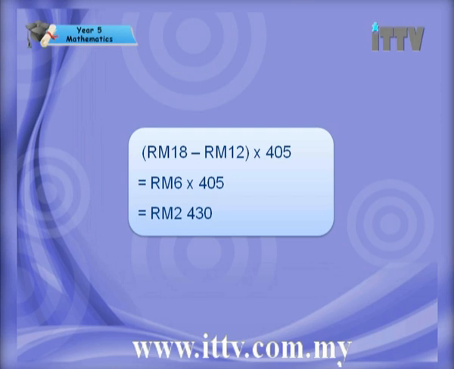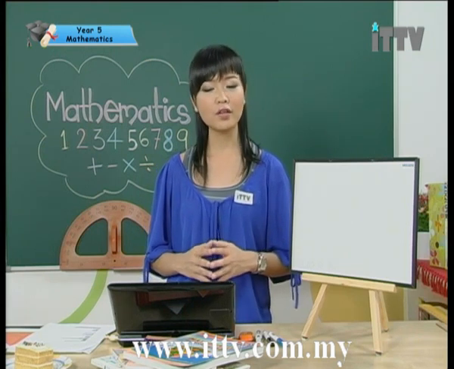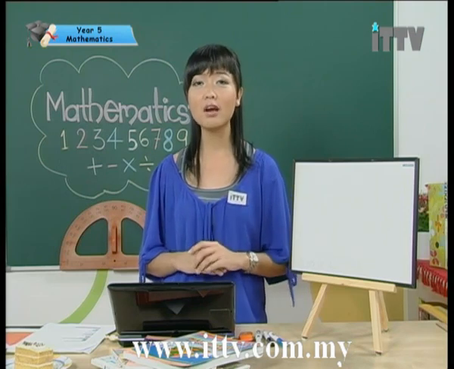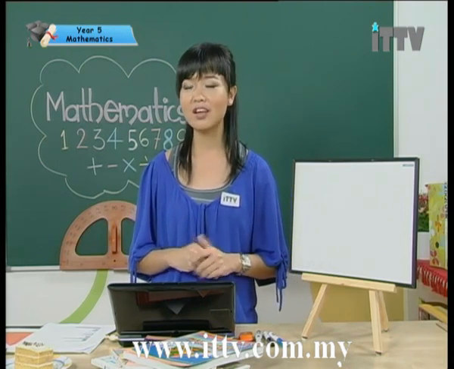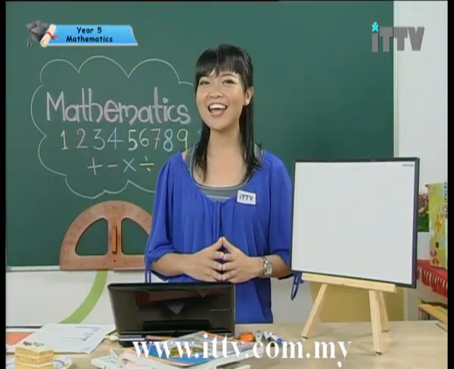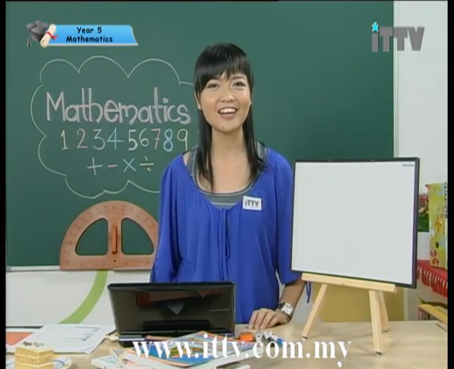So since he bought 405 kilograms, we have to multiply by 405. So that will give you 6 ringgit of profit for 1 kilogram times 405 kilograms. That will give you the total profit that this middleman make, which is 2,430 ringgit. Okay, now boys and girls, I sure hope that you got all the answers correct.